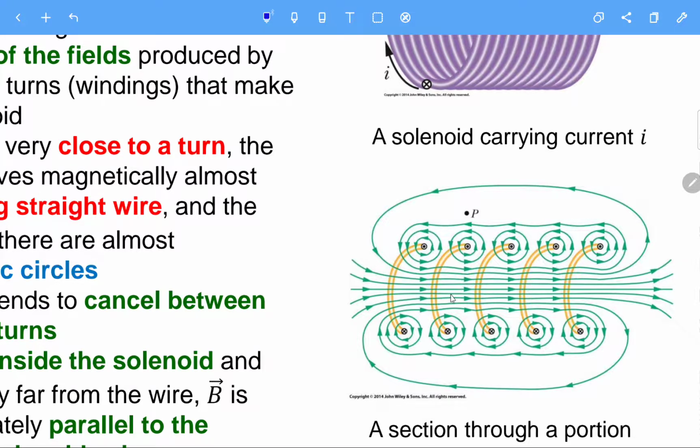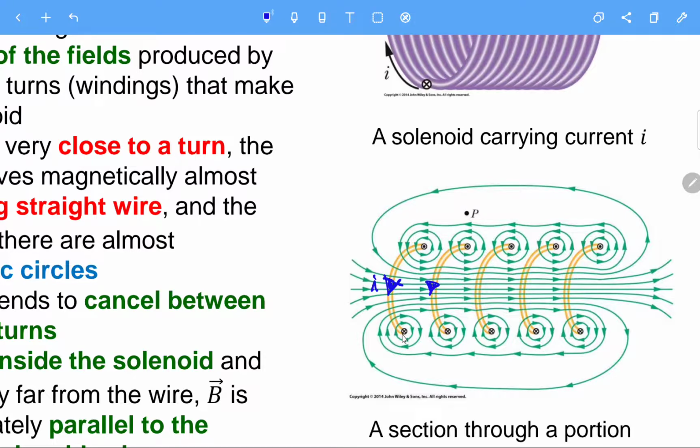And you can use the right hand rule to determine this direction. Here you can see this is into the page, this is out of the page, which means the current is going in this direction, like from top to bottom, this way.